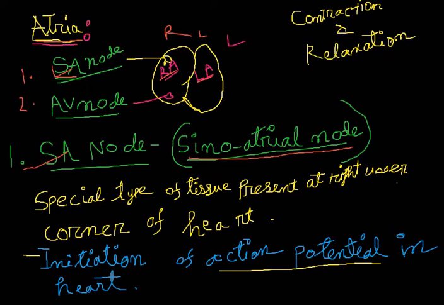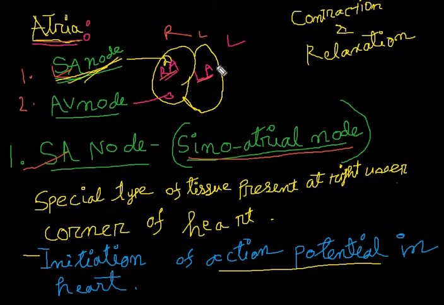From the SA node of human heart, located at the right upper corner, action potential of heart is initiated. The SA node acts as the initiator of human heart. And what does action potential mean?